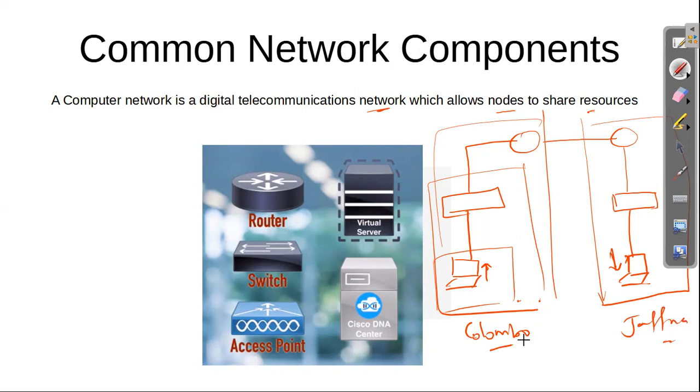Distantly connected. You want to send a resource from Colombo to Jaffna. How is it done? This is the setup you have to do. So these two routers will be connected through an ISP. There are several methods to connect wide area networks. It's called WAN. This part is called LAN. This is LAN 1, this is LAN 2.